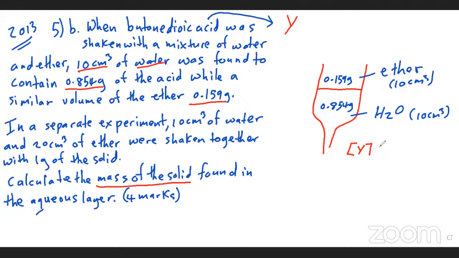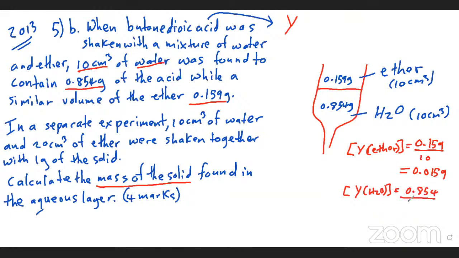The concentration of Y in ether would be equal to 0.159 divided by 10, and that would give me 0.0159. The concentration of Y in water would be equal to 0.854 divided by 10.